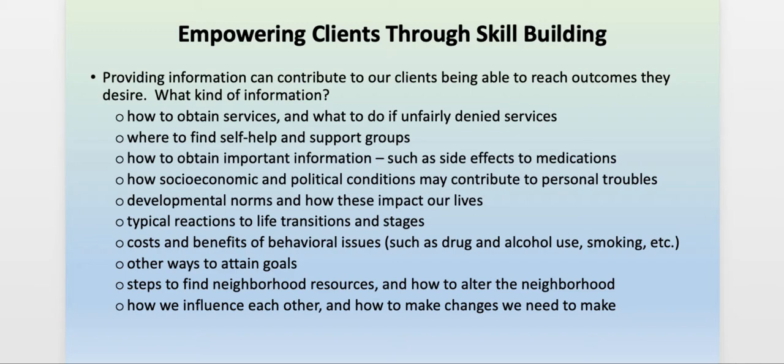So get them information about how to obtain services, what to do if they're denied services that they should be allowed to have, where they can find self-help and support groups, how to get information, also how the socio-political environment has something to do with their personal troubles, because if they understand the bigger picture and how their circumstances are in part created by the larger institutional system around them, that can help them.